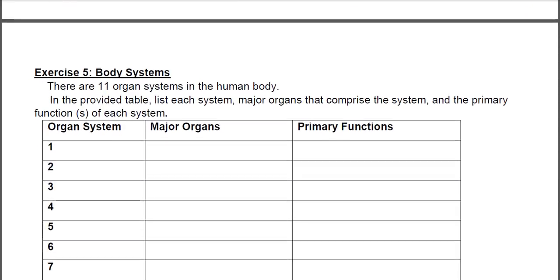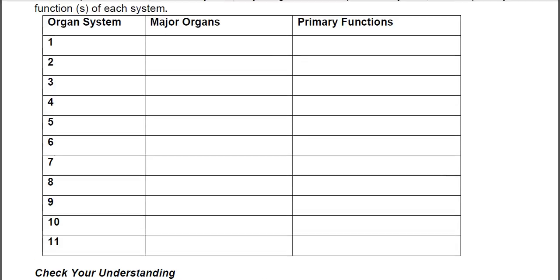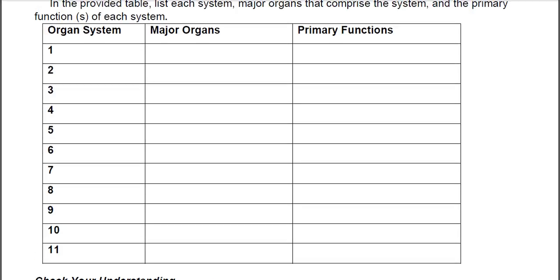On the last page we have a big table here asking you to fill in the organs and primary functions of the 11 organ systems. So when you're filling this out, you may see it in your textbook, or online somewhere, where they say that there are 12 organ systems.